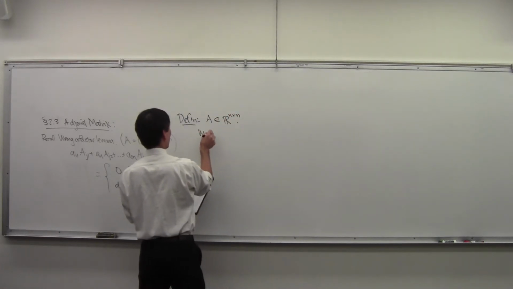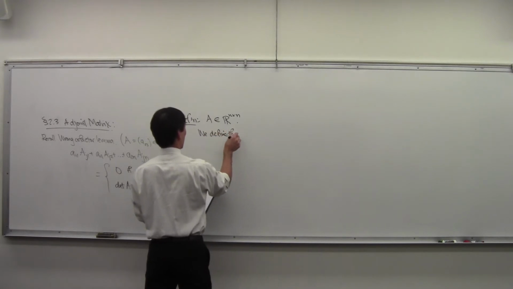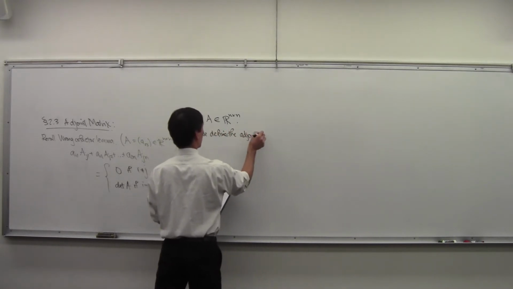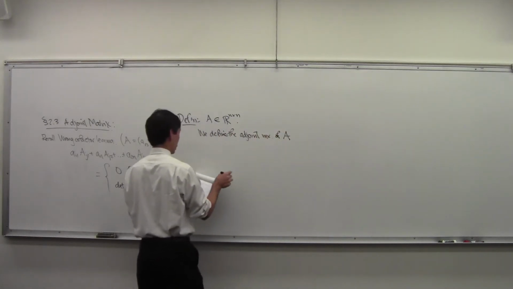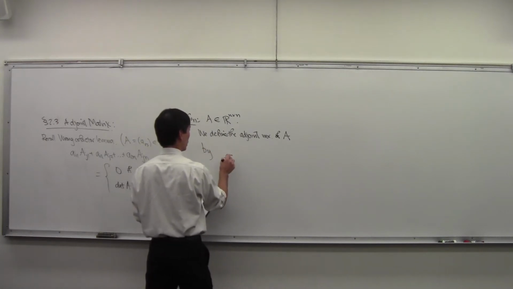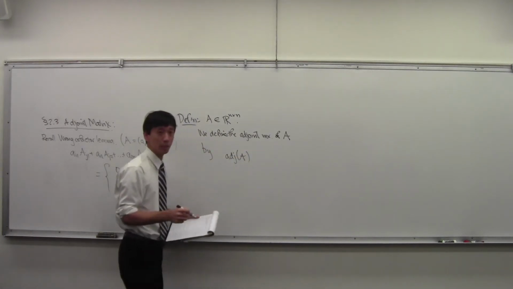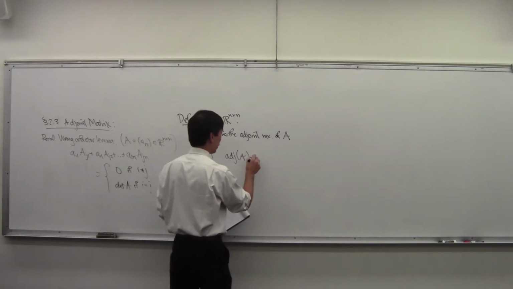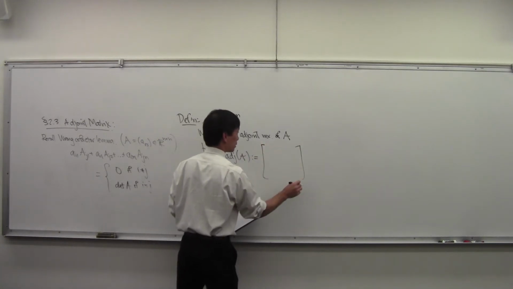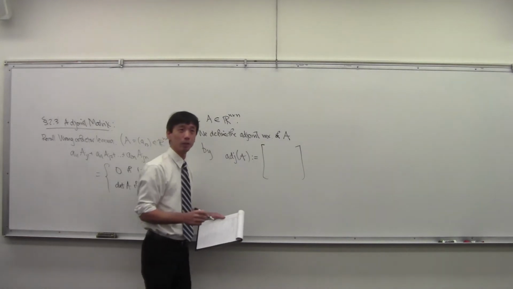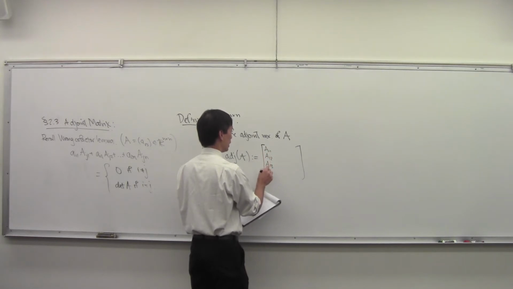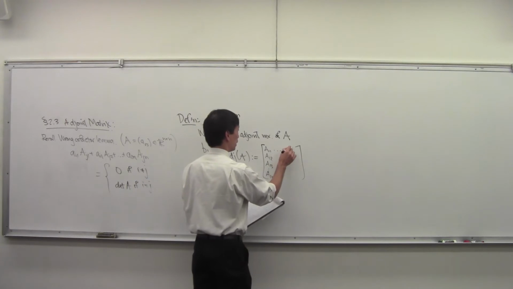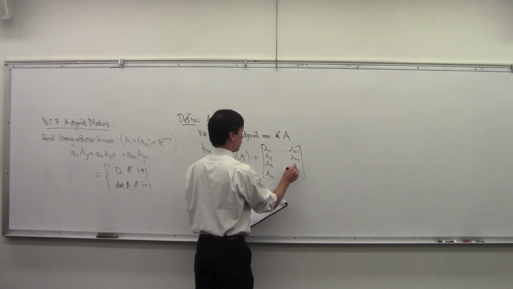We define the adjoint matrix of the matrix A, and we denote it adj A, to be the matrix of cofactors A11, A12, A13 through A1n, down to An1, An2, Ann.